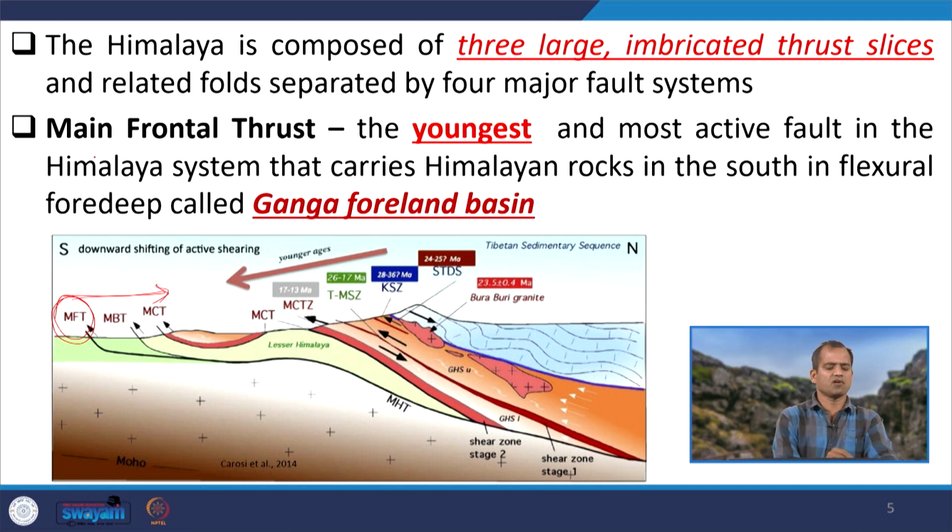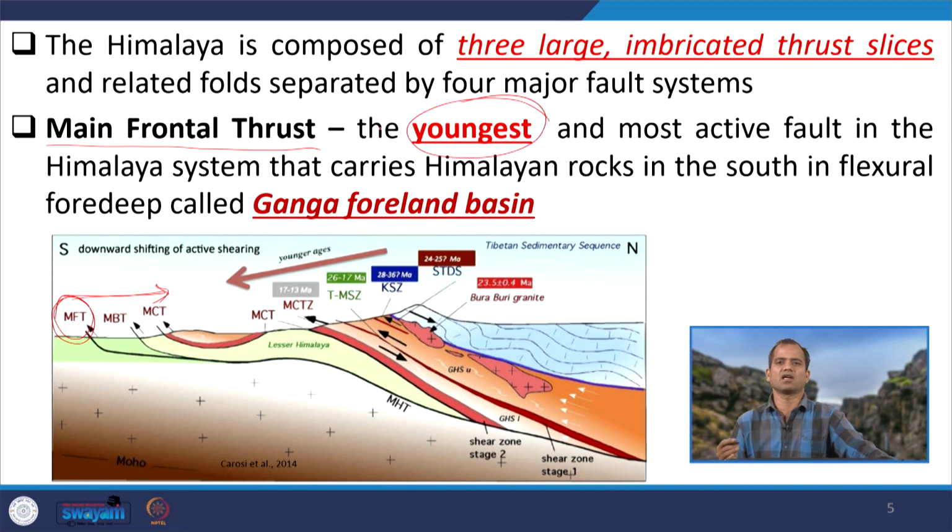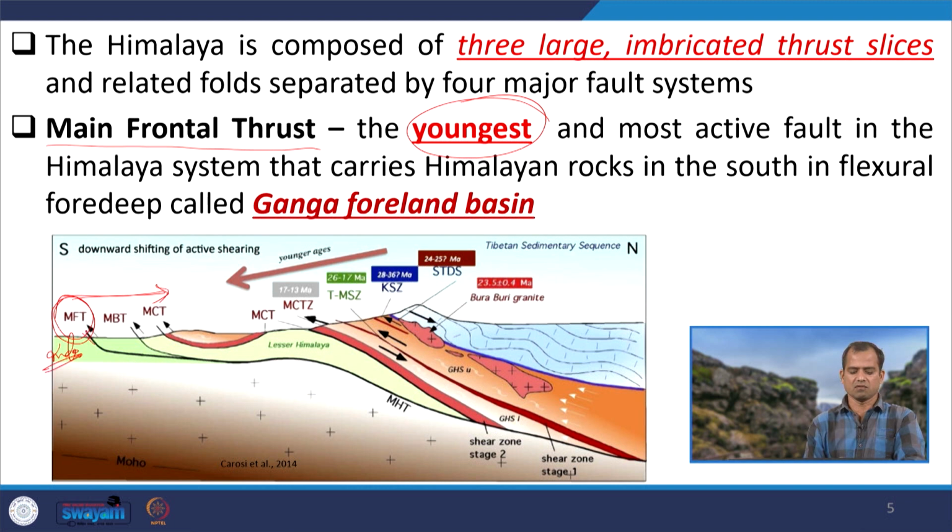This main frontal thrust is the youngest and the most active fault in the Himalayan system that carries the Himalayan rock south onto the flexural foredeep called the Ganga foreland basin, the Indo-Gangetic foreland basin.